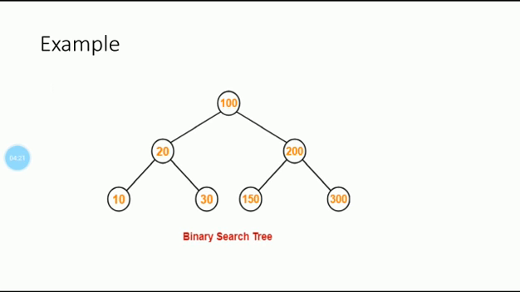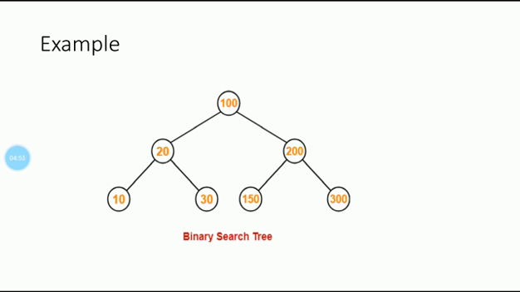And the last one is post-order traversal. Post-order traversal is simple: left, right, root. Here left is one subtree, right is another subtree. Before going for the whole post-order traversal, first we perform the post-order traversal on the left subtree, then on the right subtree, then we include the root at the end.